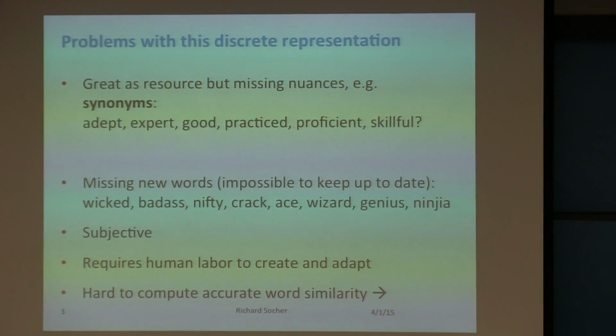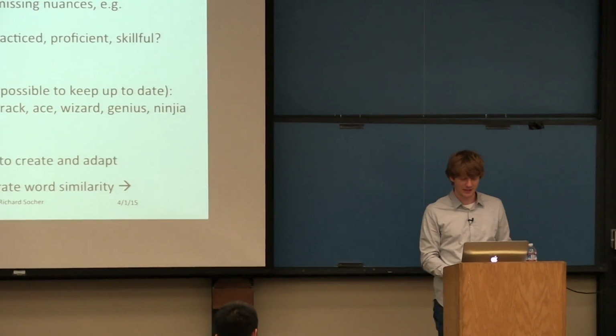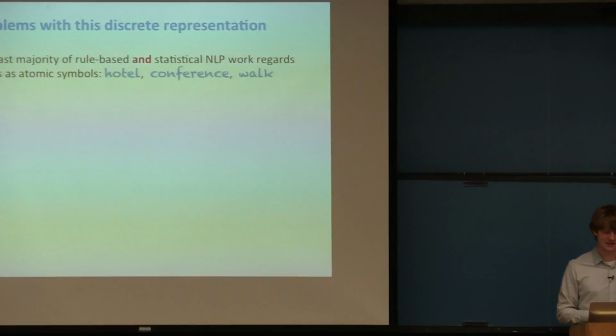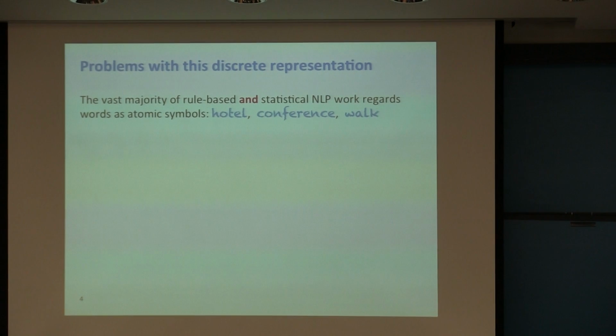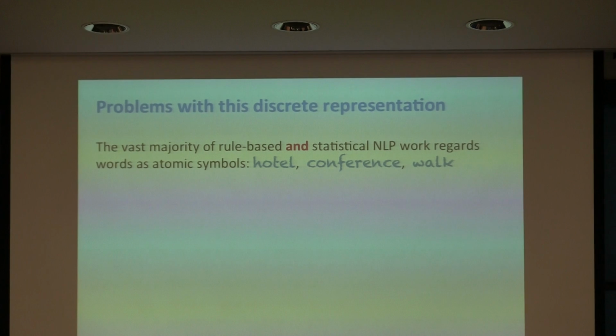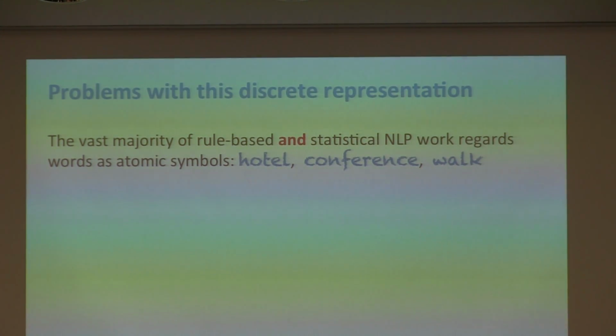It's also very hard to compute word similarity, and this goes to the first part of the missing nuances. So let's see what this kind of representation leads to. Basically, the vast majority of rule-based and other kinds of statistical NLP models and systems regard words as atomic symbols.